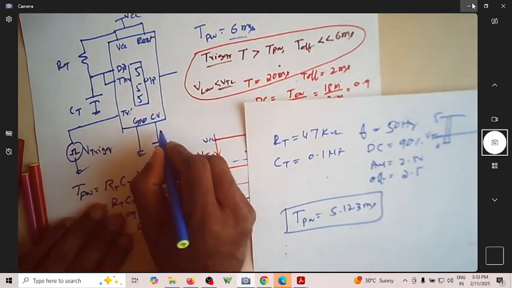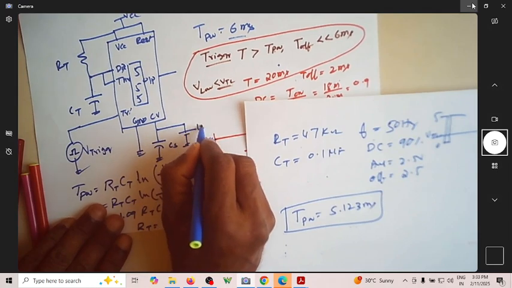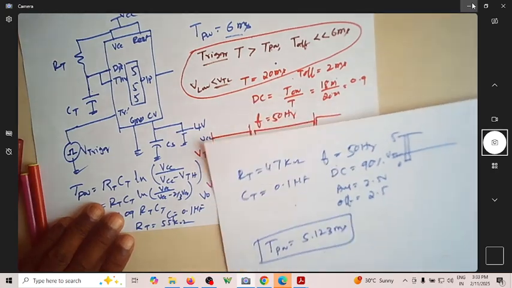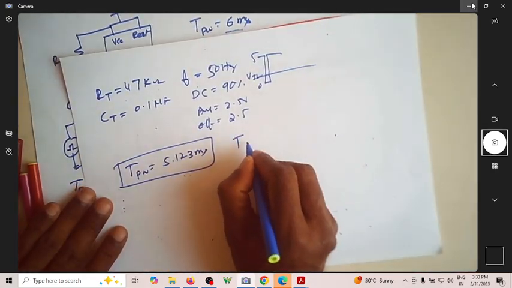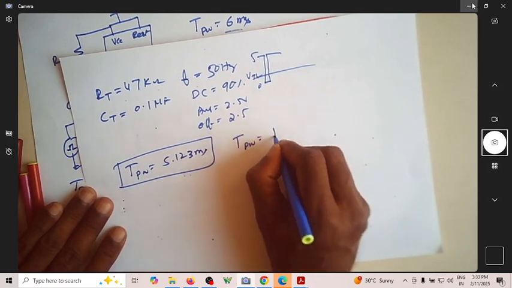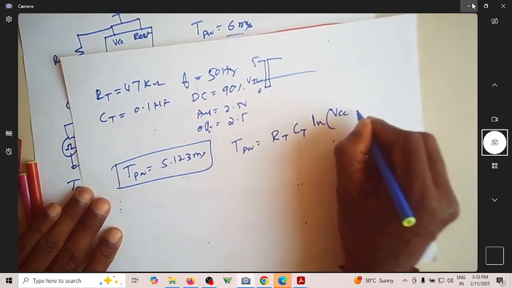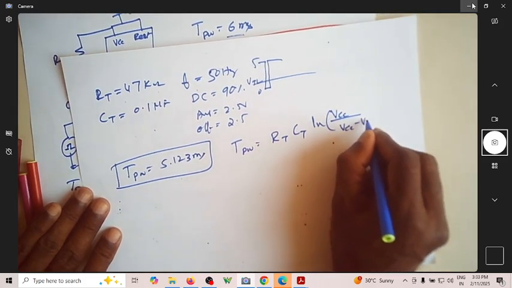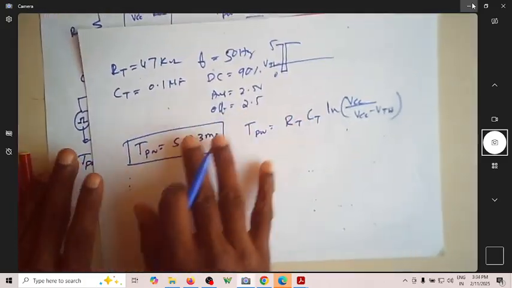Suppose you change this to a voltage of, say, 4 volt applied using WaveGen 2. Then the pulse width is equal to RT CT ln of VCC by VCC minus VTH. VTH is now 4 because we have connected 4 volts here.